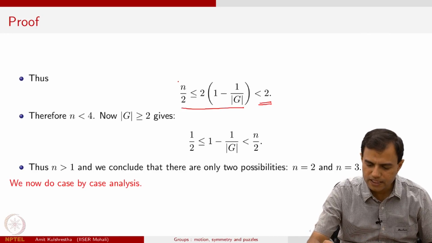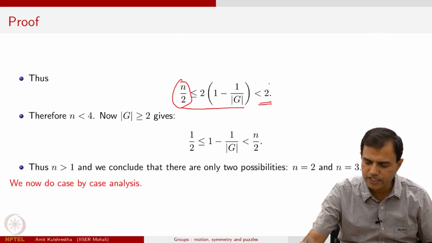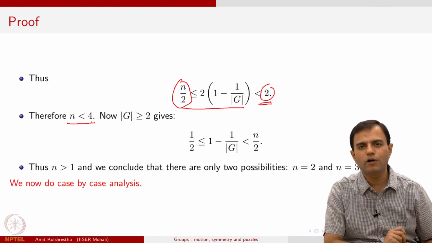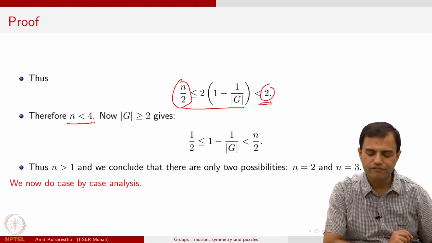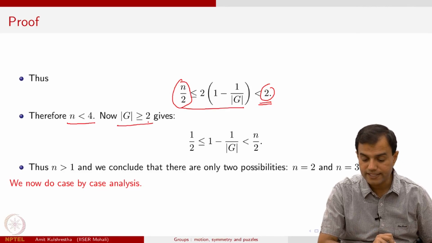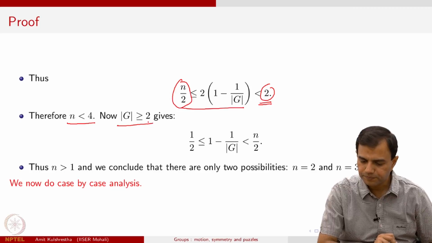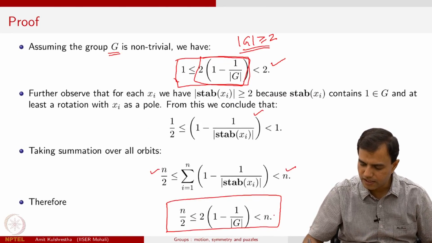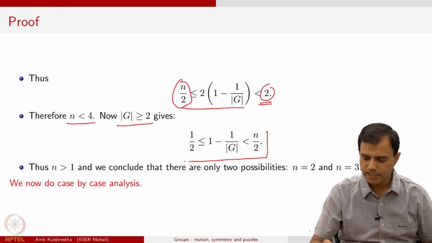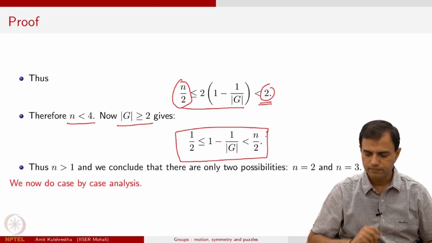So when I combine this, it is strictly less than 2, and therefore n, which is the number of orbits, is strictly less than 4. And also my group has size greater than or equal to 2. So when I take that into consideration, what I get is: half is less than or equal to 1 minus 1 divided by mod G, which is less than n by 2.